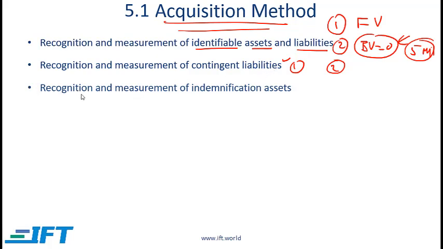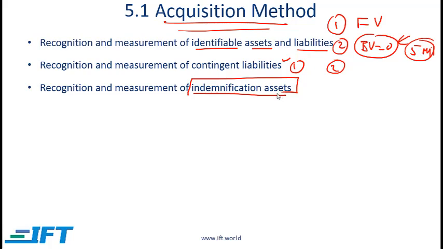Next point has to do with the recognition and measurement of indemnification assets. If you don't know the meaning of this term, I suggest you look it up on investopedia.com. Again, I will read from the curriculum. On the acquisition date, the acquirer must recognize an indemnification asset if the seller or the acquiree contractually indemnifies the acquirer for the outcome of a contingency or an uncertainty related to all or part of a specific asset or liability of the acquiree.